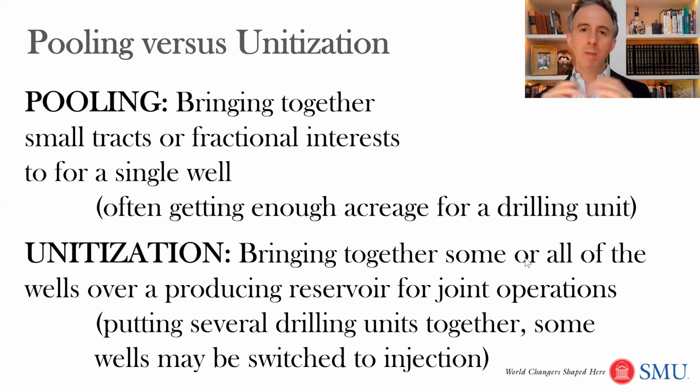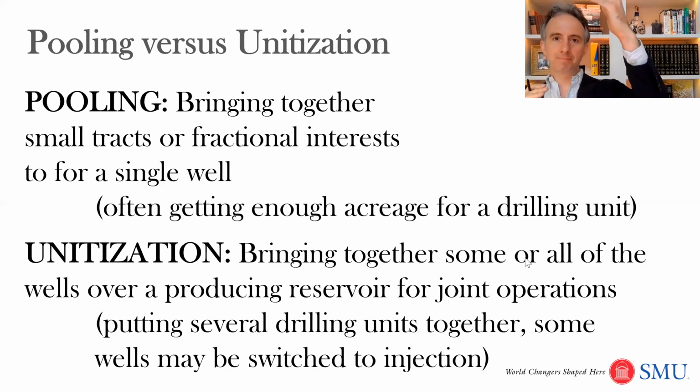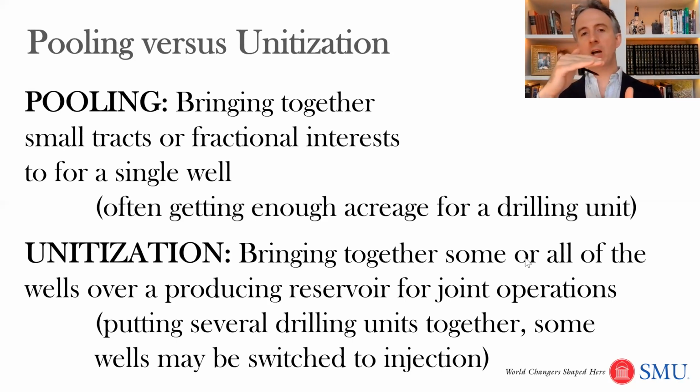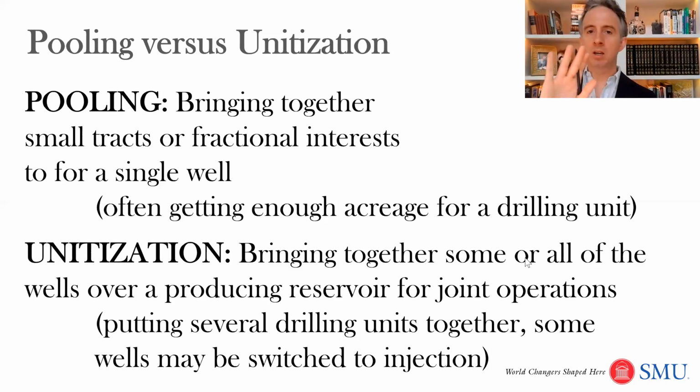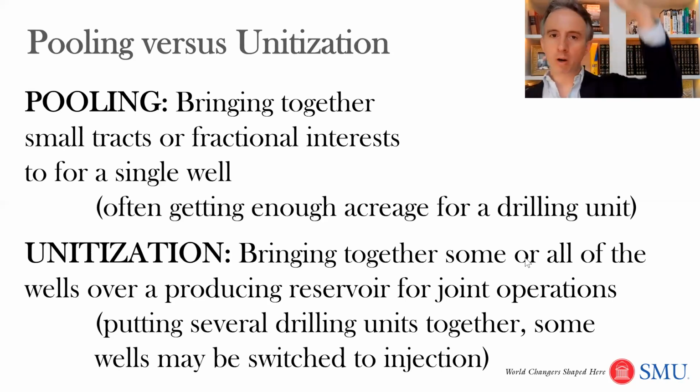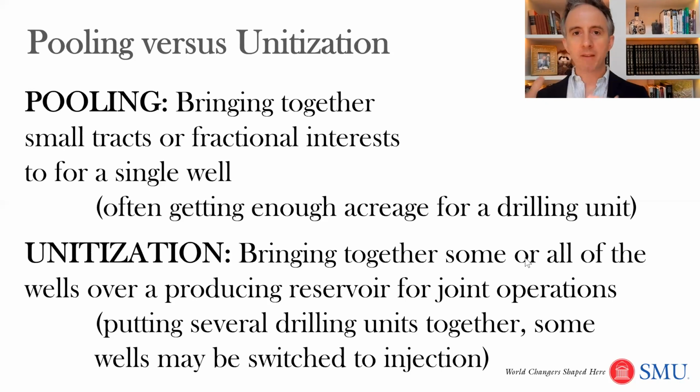So maybe it doesn't make sense to have a well every 80 acres. Maybe we only need a few wells on the north side. Or maybe we need a few wells on the north side and some wells on the south side that are not producing, but are pushing in water and gas to push that oil up north to our producing wells. So there's a lot of different ways to produce things from that entire reservoir.